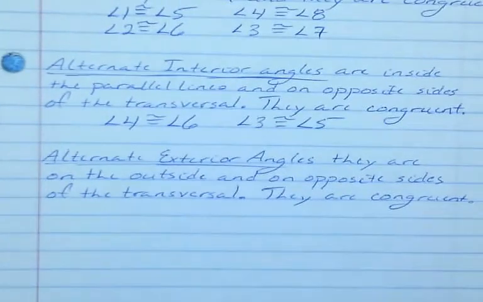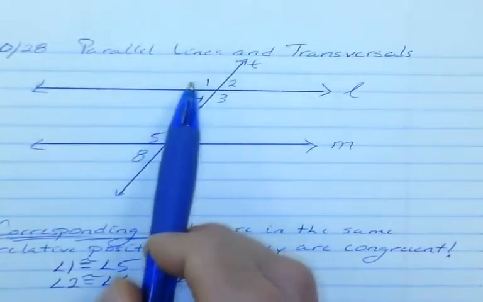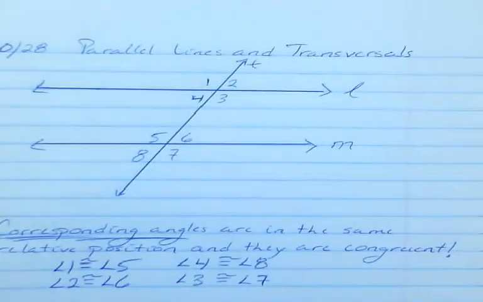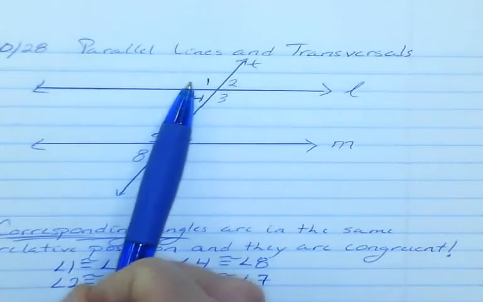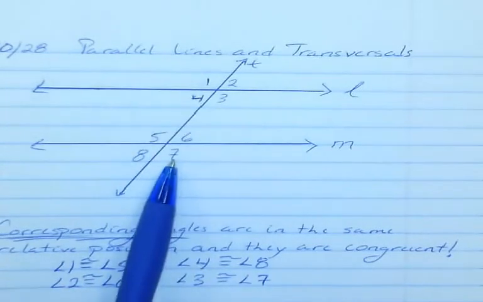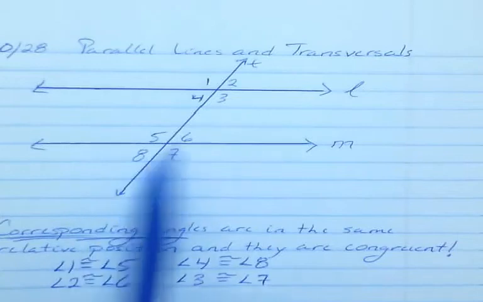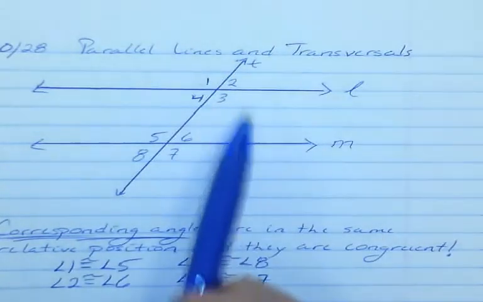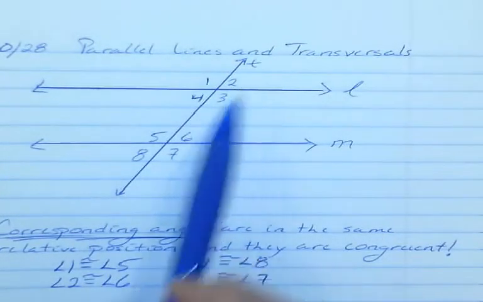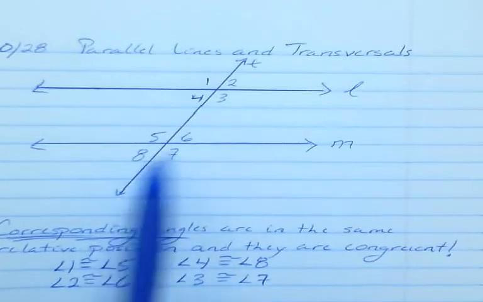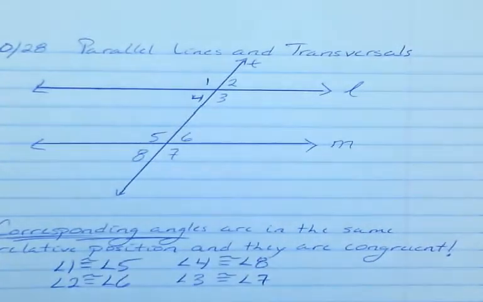Let's pick out the two pairs of these alternate exterior angles. So let's look at outside angles. 1, 2, 8, and 7 are on the outside, exterior of the parallel lines. Angle 1 is an alternate exterior with angle 7. They're on the opposite sides of that transversal. Angle 2 is an alternate exterior to angle 8. They're on opposite sides and they're exterior angles.